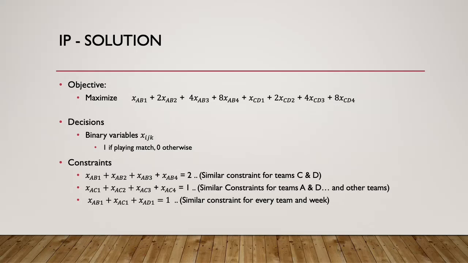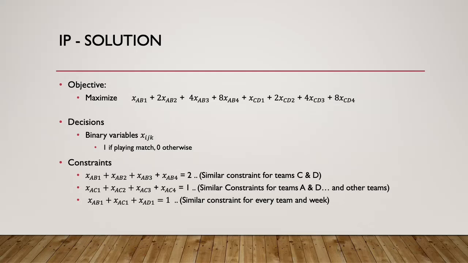And the second is to satisfy the first constraint, and the second constraint is xac1, xac2, xac3, xac4 equal to 1. That means team A should play with team C only once, and in the same way team A should play with team D only once in 4 slots, and the same for B C and B D as well.